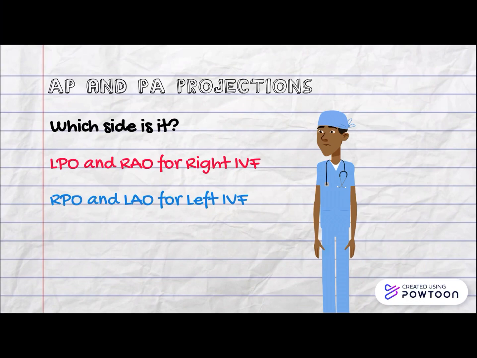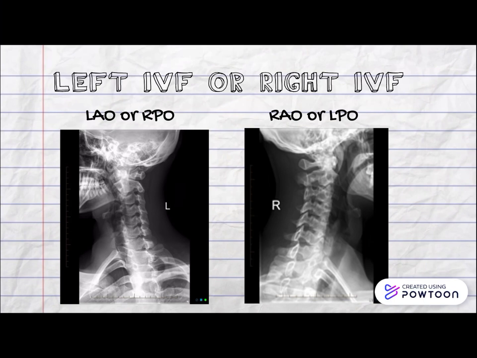So knowing that, we can imply that LPO and RAO are for the right intervertebral foramen, and the RPO and LAO positions are for the left intervertebral foramen. Say that the patient was either in LAO position or RPO. On the image to the right IVFs are shown, and you could say that the patient was in RAO or LPO position.